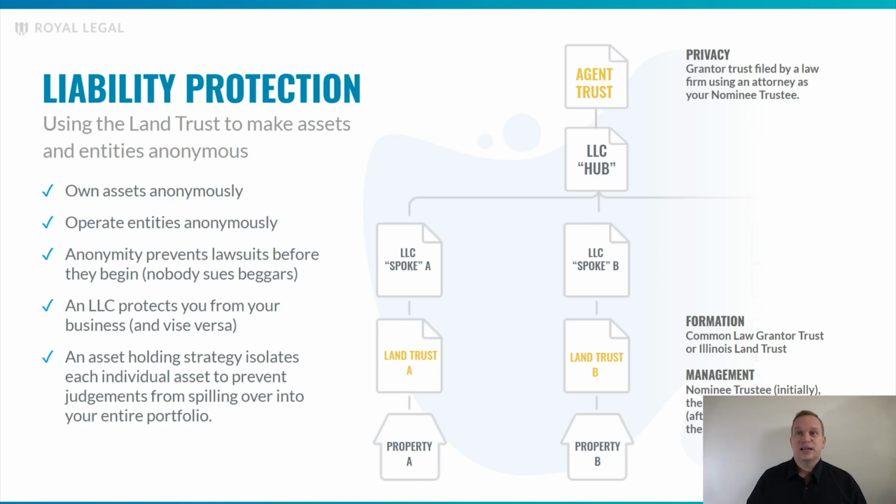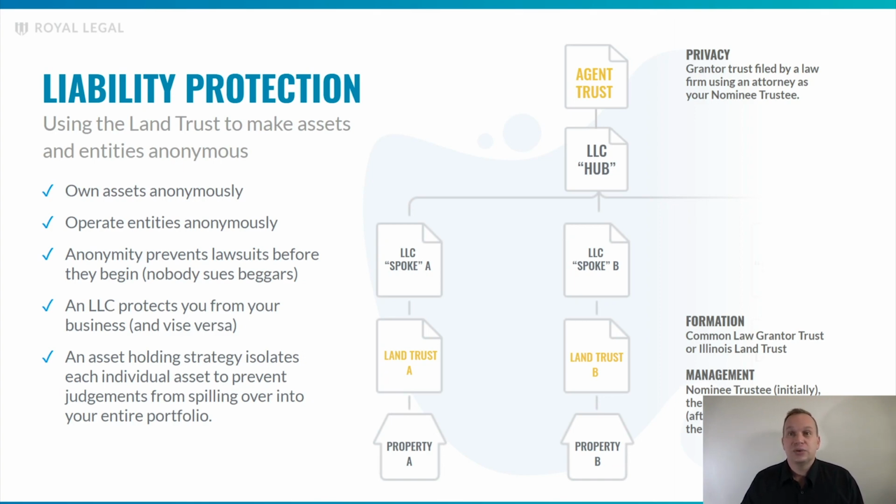So just to give you guys a little bit of the broader perspective of how this works if you have multiple properties and you're going to use a strategy where you're going to have multiple LLCs. It's like a typical tree structure that you might be used to. In very technical terms, what this type of structure with the LLCs is actually referred to as is a hub and spoke model. So just taking this from the very top, you can see that the agent trust owns the LLC.